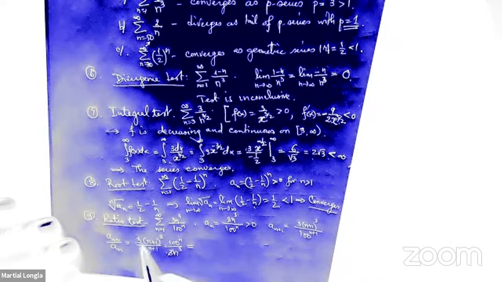So what I do understand is that some of you have issues with algebra. You understand how to simplify. You can only simplify things that look alike. That's 3, that's 3. You can cancel the two 3s. That's 100 to the power n, 100 to the power n plus 1. So we can get rid of 100 to the power n. It remains 100 down there because you cut 100 to the power n from n plus 1. So you remain with (n plus 1) cubed over n cubed times 1 over 100.